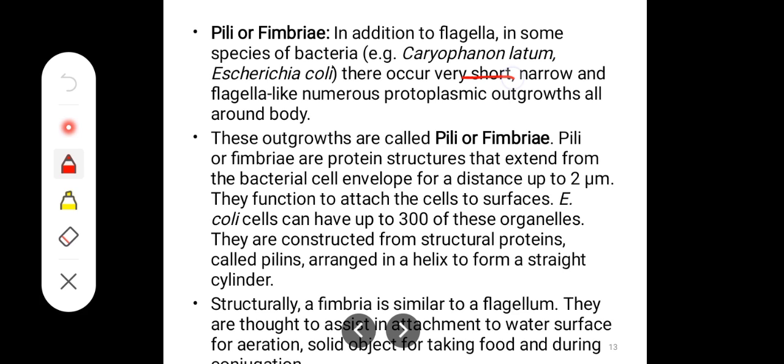They are very short, narrow, flagella-like, numerous protoplasmic outgrowths all around the body, and these outgrowths are called pili.